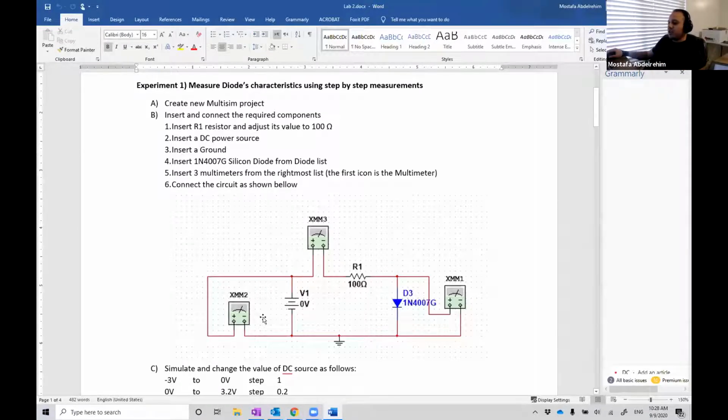And the third one here is just to check that I'm putting the right value for the battery, okay? So whenever I change the battery voltage, I just see the reflection of that change in this multimeter that I set to measure the voltage, okay?